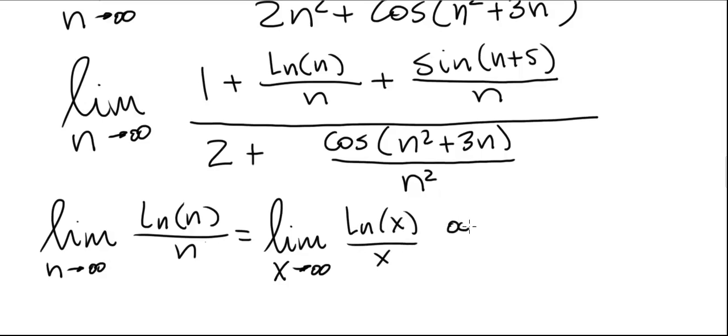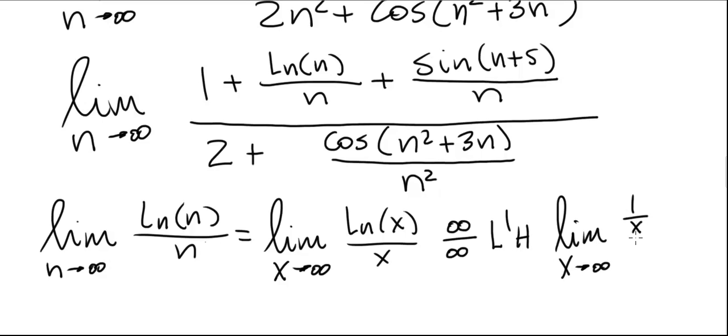We get an indeterminate form, infinity over infinity. We apply L'Hopital's rule, and that's the limit as x goes to infinity of 1 over x over 1, which is equal to 0. So this limit that I'm circling is heading towards 0 as n goes to infinity.